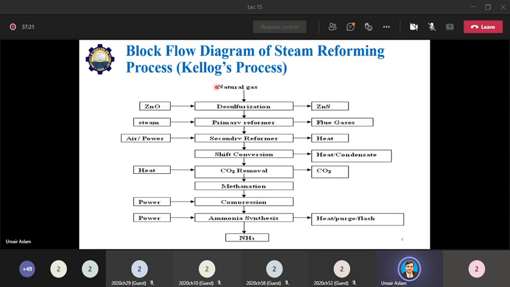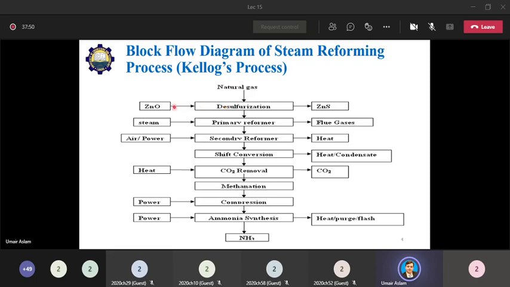Firstly, the hydrocarbon, or as in this case natural gas, is passed through a desulfurization step where we remove the sulfur compounds present in the hydrocarbon. The removal of sulfur is important because it can damage the catalysts which are used in the later steps.